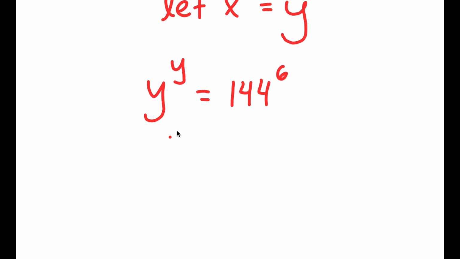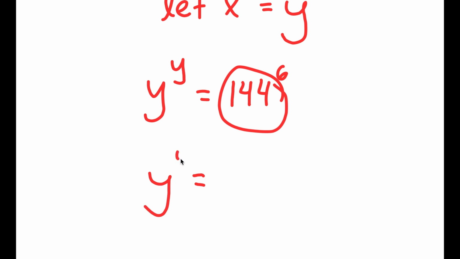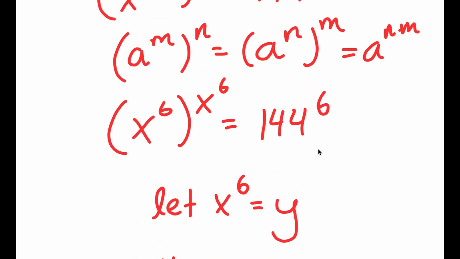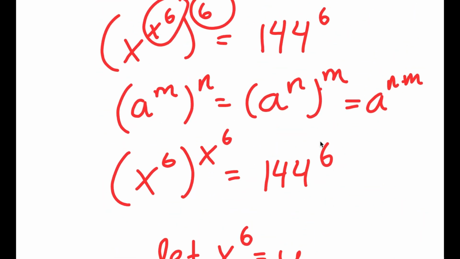Now what I'm going to do is rewrite 144 as 12 squared. So now I have y to the power of y is equal to 12 squared to the power of 6. So now, remember how we have this property.